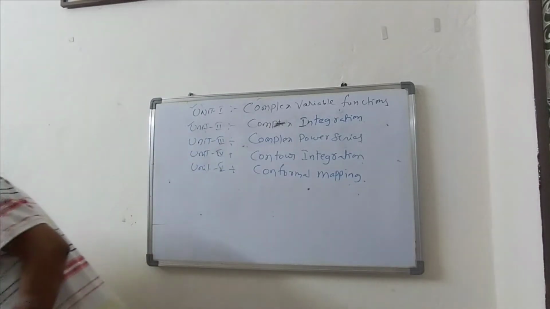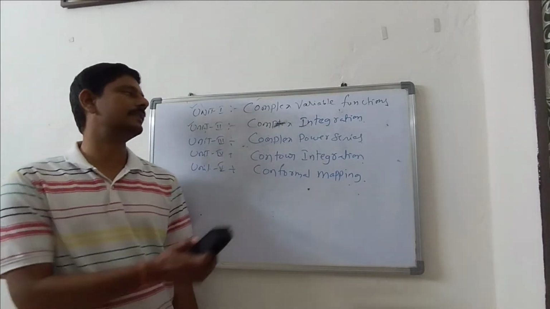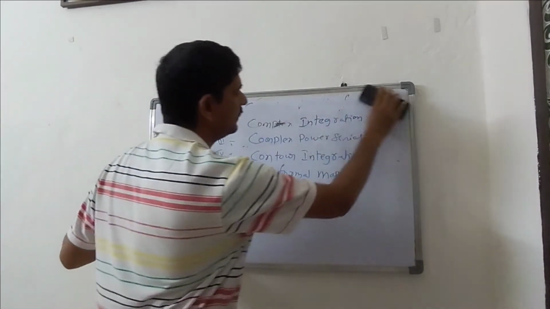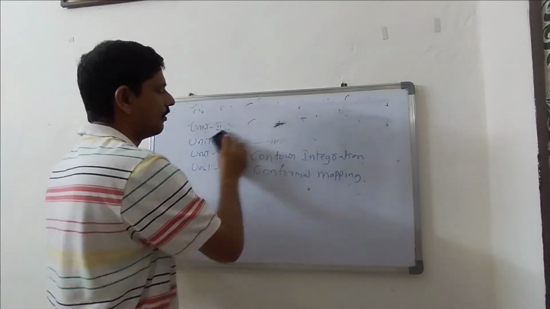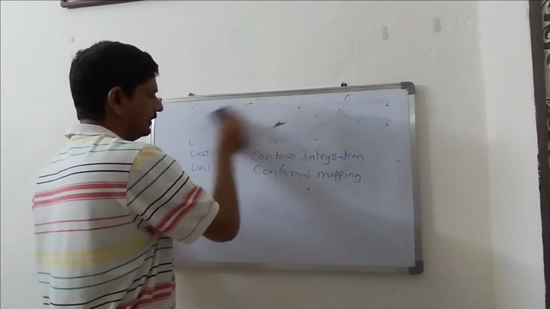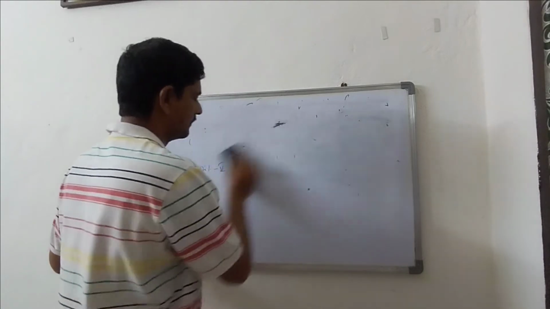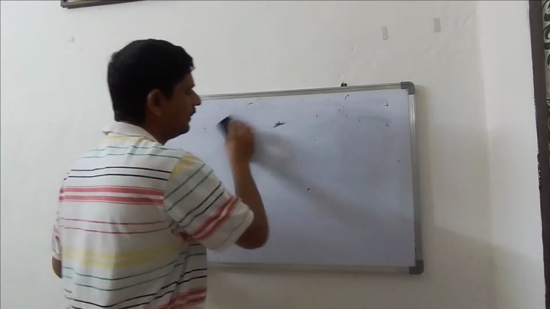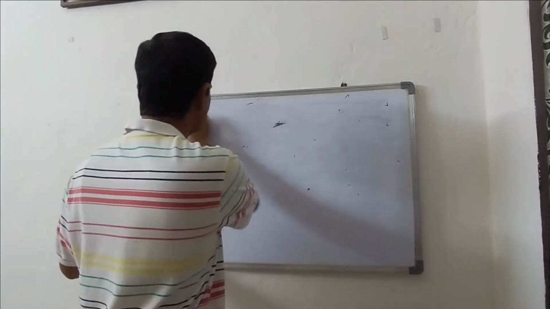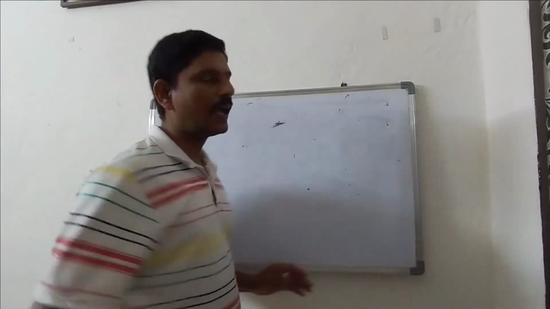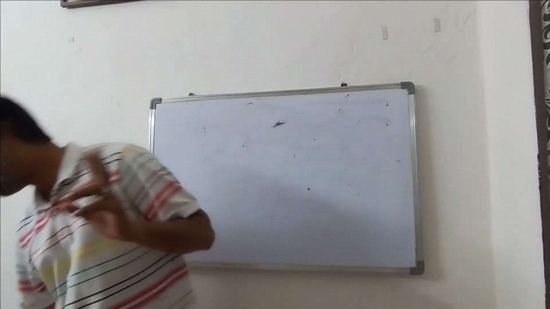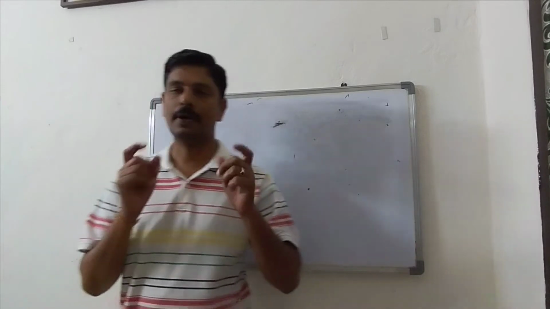So here we discuss first in Unit 1 the differentiation of a complex variable function. Every unit has two parts, part 1 and part 2.